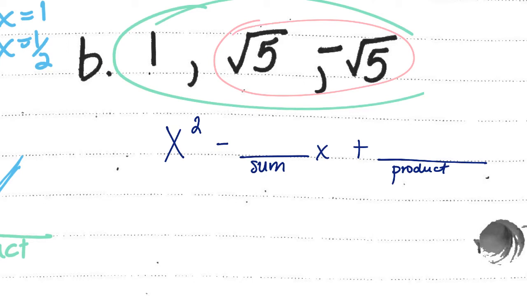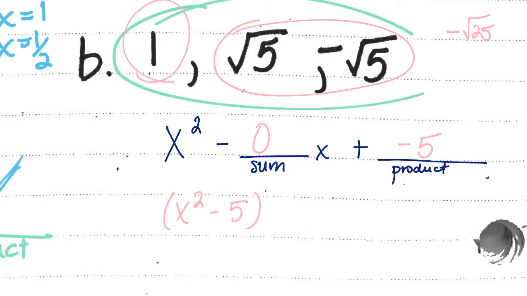Because I know when I add √5 and -√5, I get 0. And I know when I multiply √5 and -√5, I get -√25, which is -5. So this is going to be x squared minus 5. And then to make that into a factor, we would just write x minus 1. And again, I would FOIL.